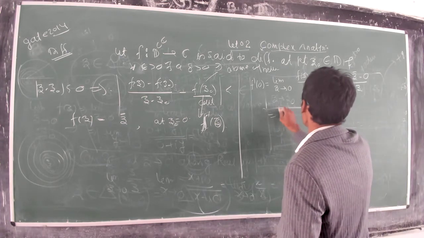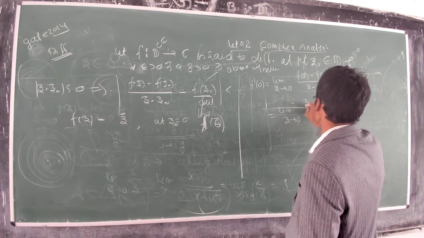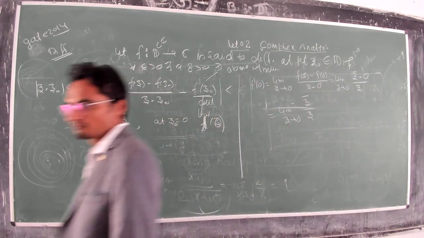So this comes out limit z tending to 0 of z bar by z. Correct?